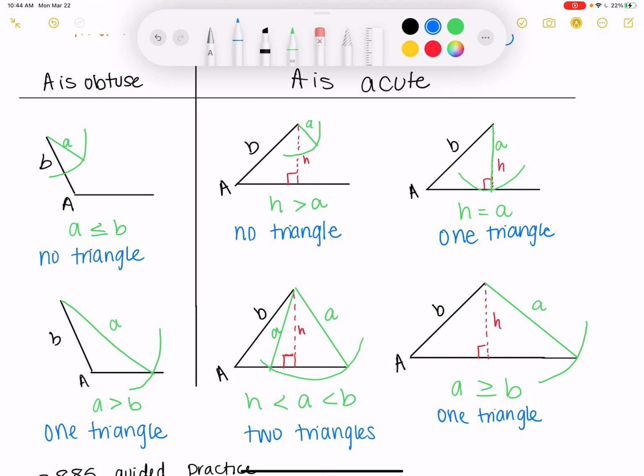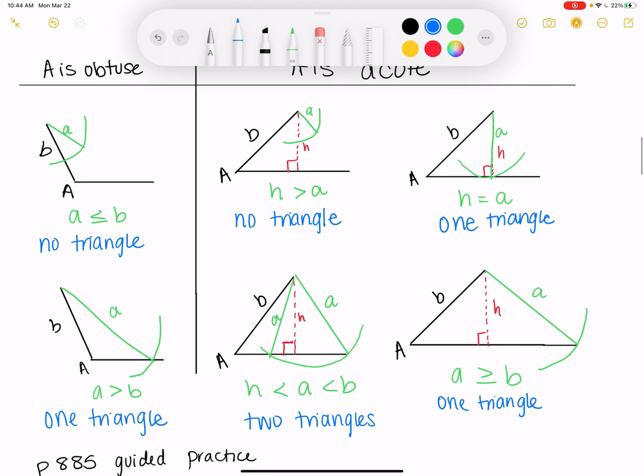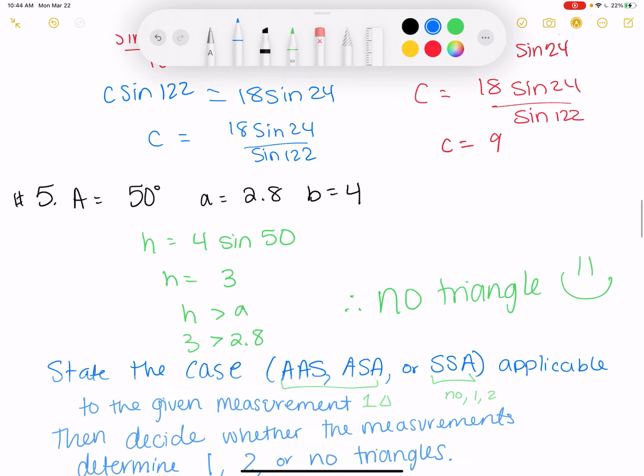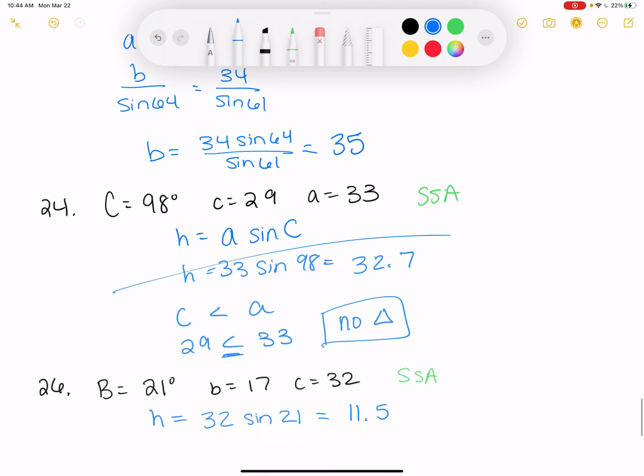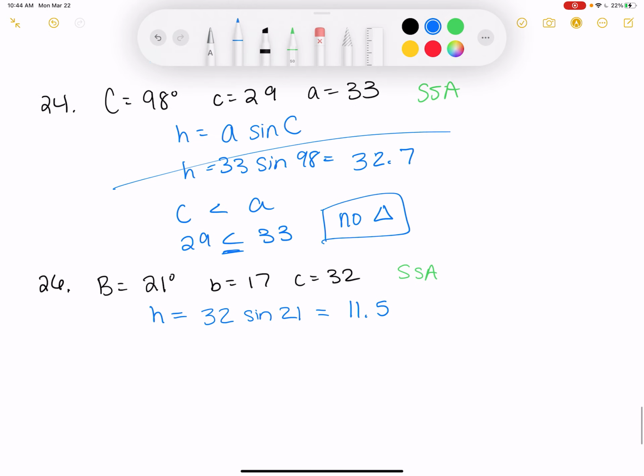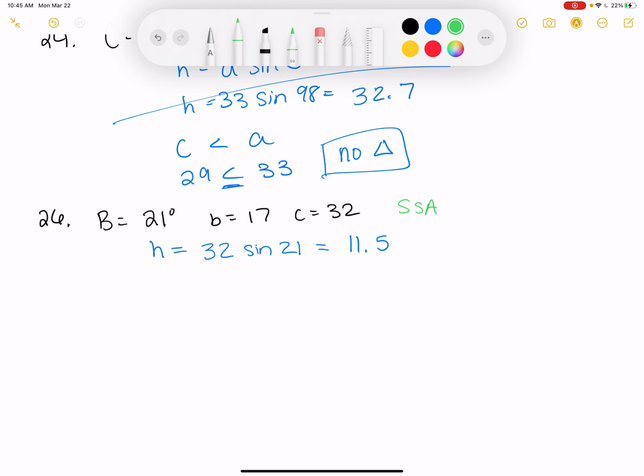So in our case, H is less than b, and b is less than c. So 11.5 is less than 17, which is less than 32. So how many triangles do I have? 2 triangles.